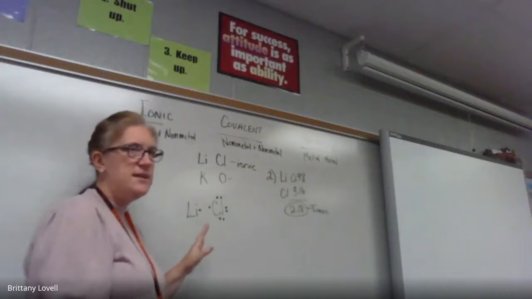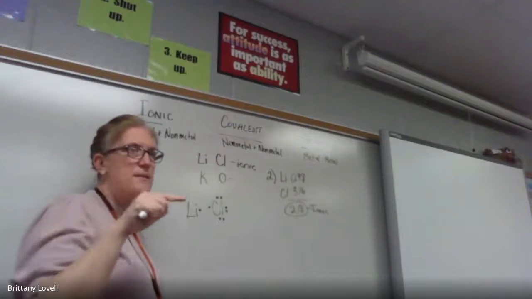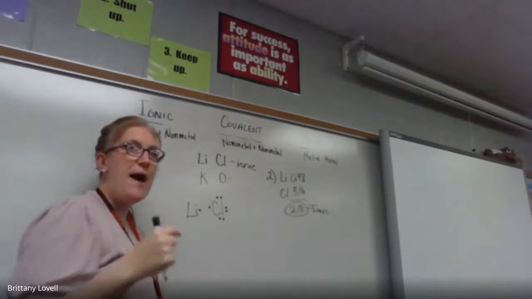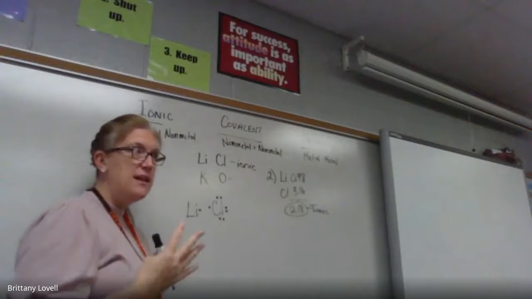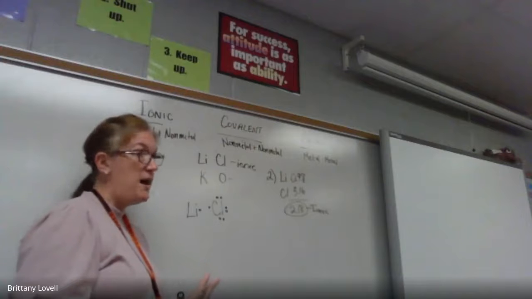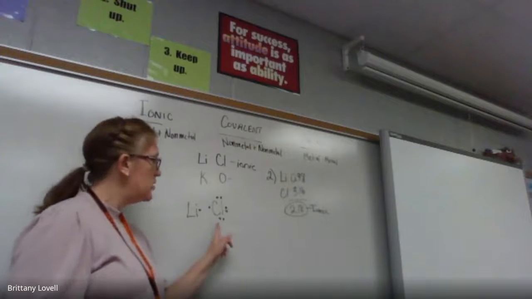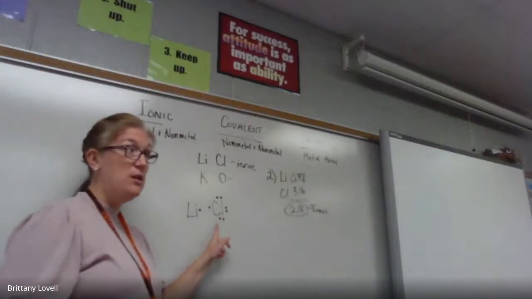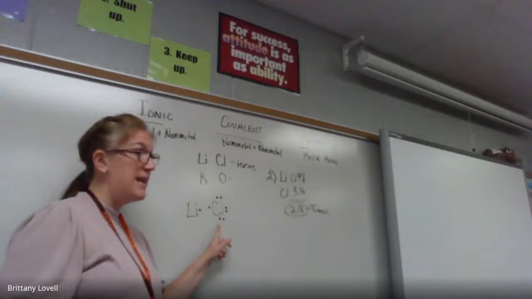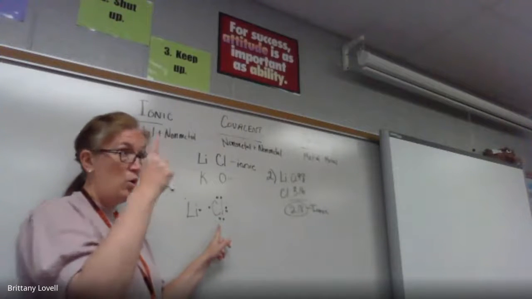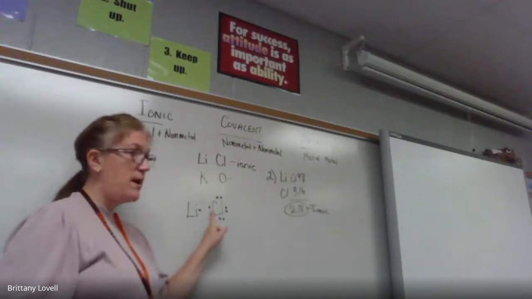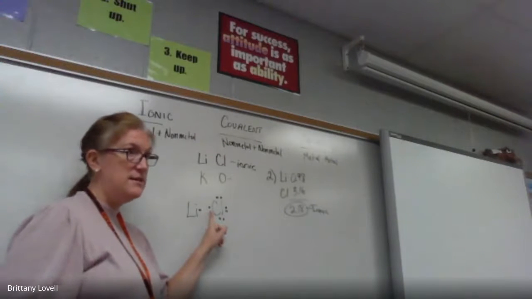If you draw these like this, where you do a round robin, it will help you figure out how many single available bonding electrons you have. Okay, so like this chlorine right here, how many available bonding electrons does it really have? 1.